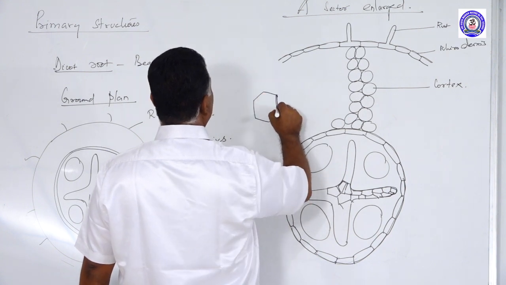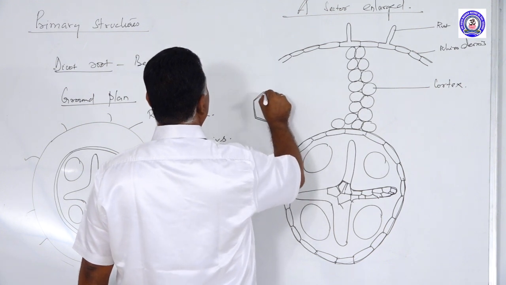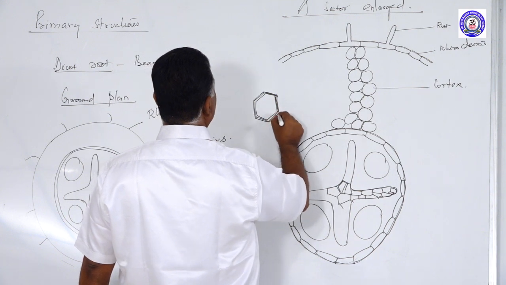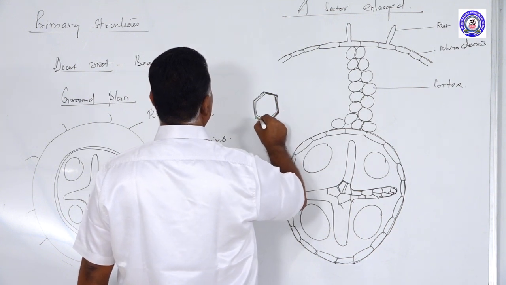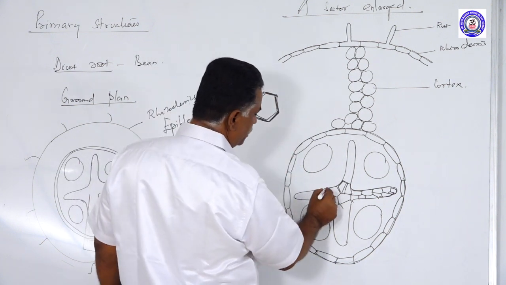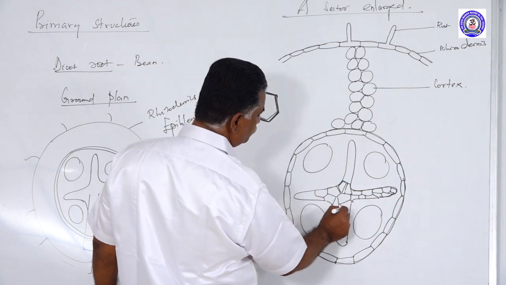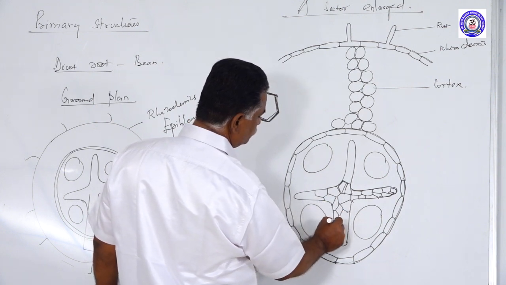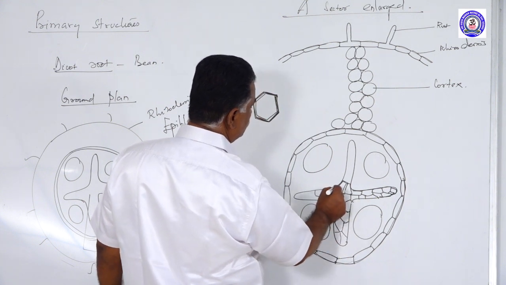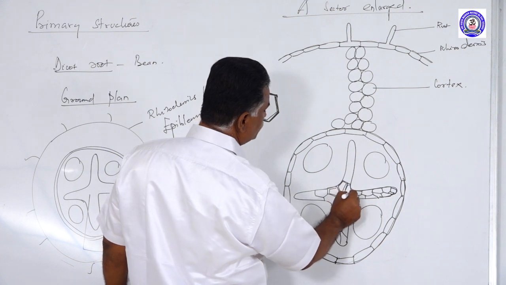Outer thick wall, inner thin wall. This is xylem vessel. That way, you see xylem tissues here. Xylem. It goes like this.